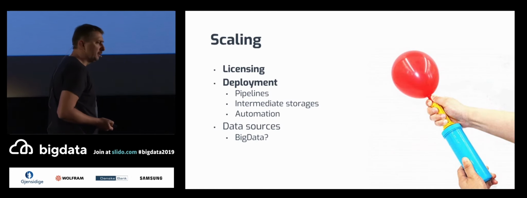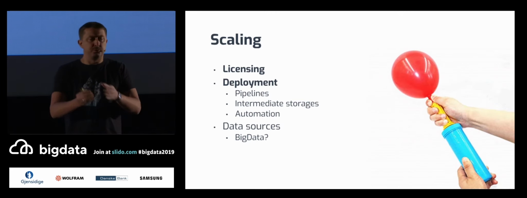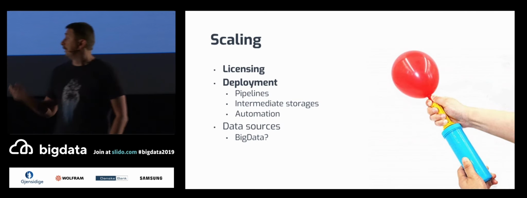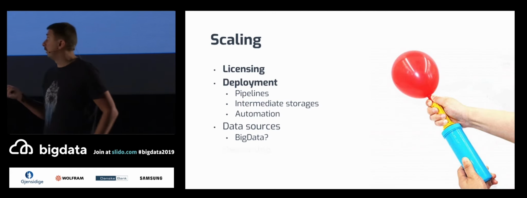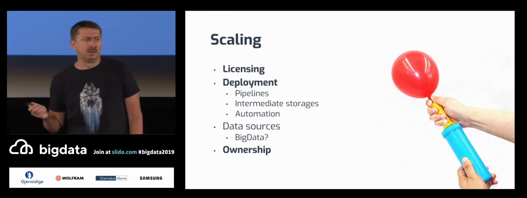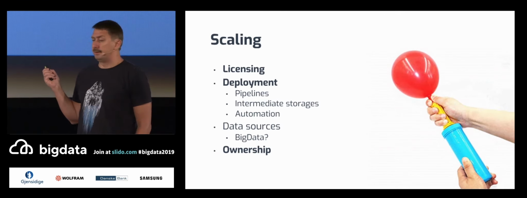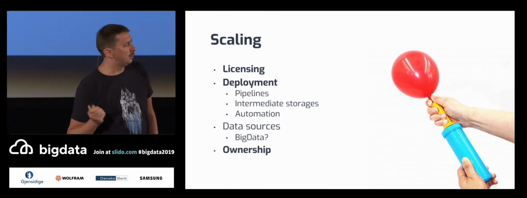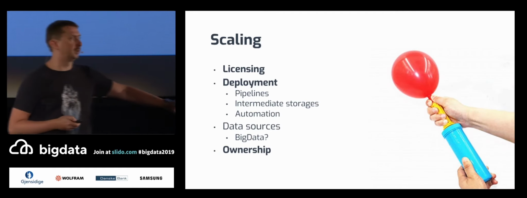If you are getting to big data, for example, or you are using sharding for your customers, it's actually a huge headache to go there. And of course, ownership of all this. I touched on it a little bit earlier, because if you push the user out of your platform somehow, it means you are not owning it.